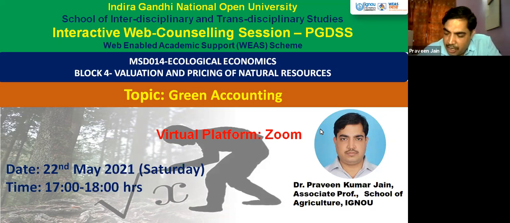That is our task. When we include the values of ecosystem services, or the environment, in our national income, we call it green accounting, or sometimes environmental accounting. So that is our basic task.